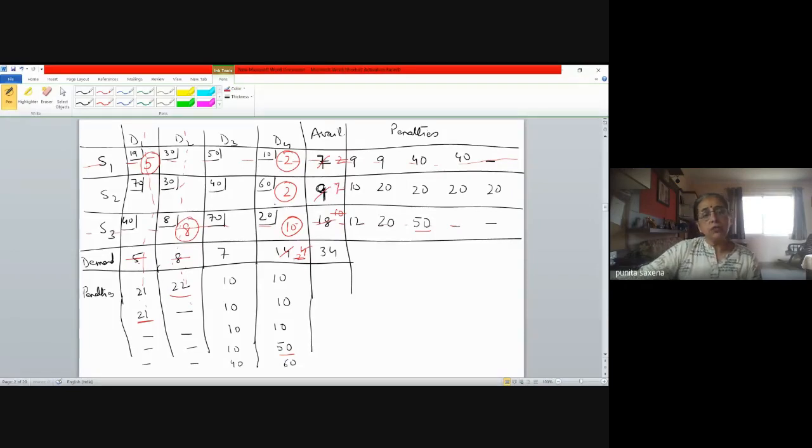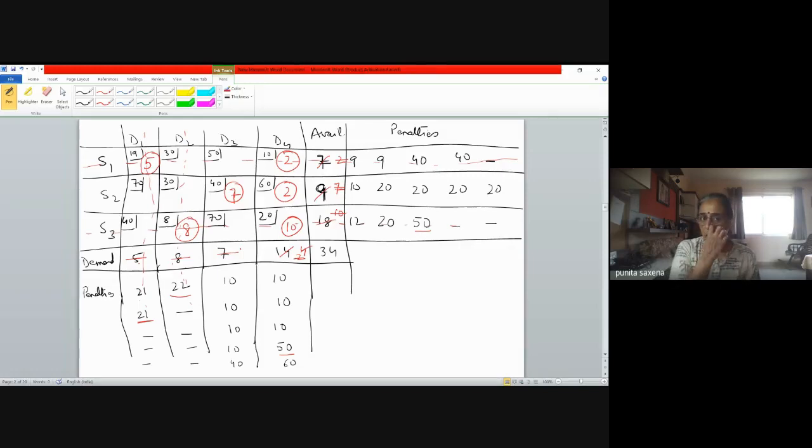Now, out of this, you need not compute the penalties because you are left with only one unmarked cell here. The allocation to be made here is exactly equal to what we are left with, so we allocate 7 here, and we are done, with all supplies and demands met.